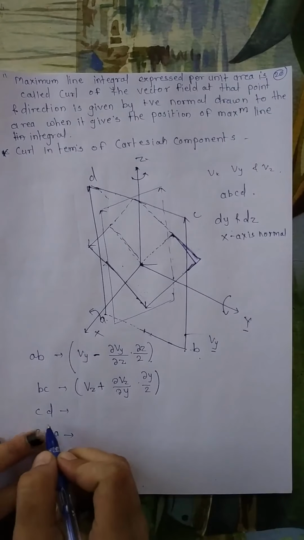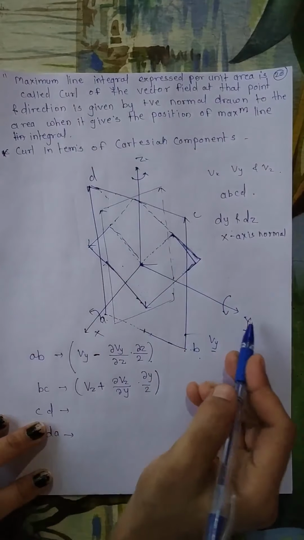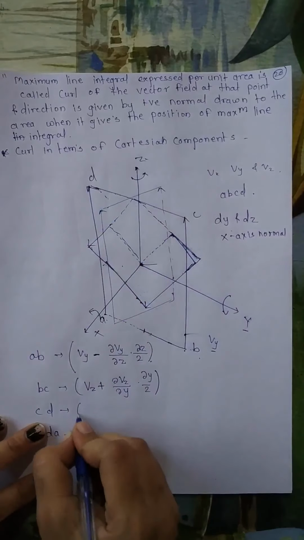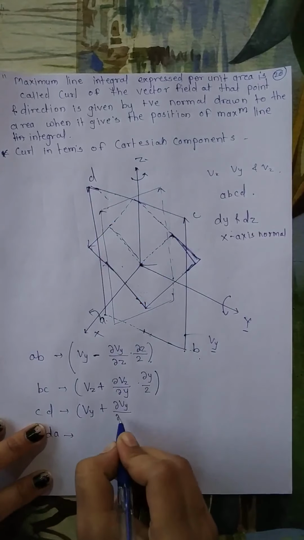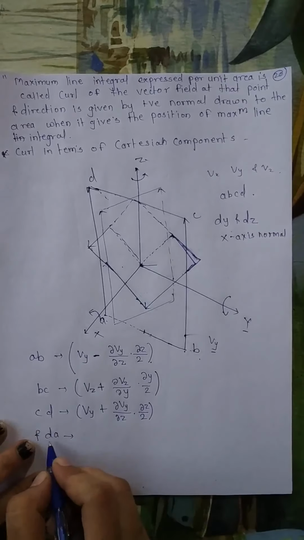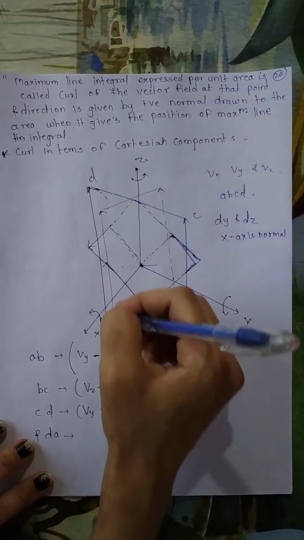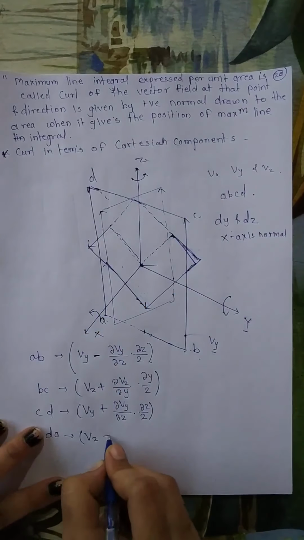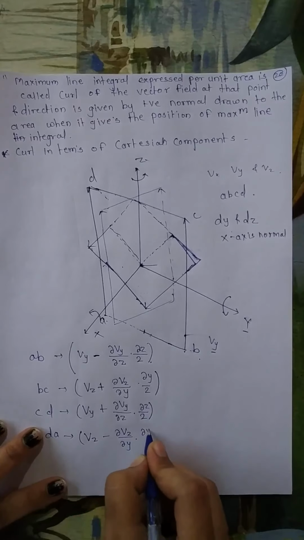Similarly for the next side CD, this is along the y axis again, but it is in the positive quadrant, so we will take this as Vy plus dou Vy upon dou z by 2. And for the last side DA, this is along z, in the negative direction, so Vz minus dou Vz upon dou y dot dy upon 2.